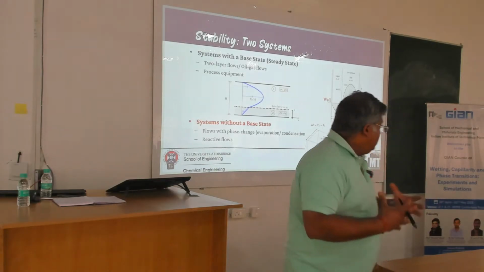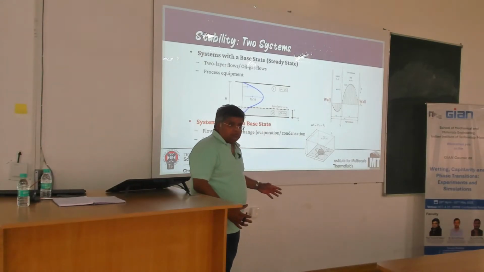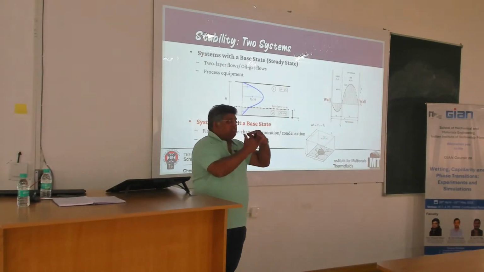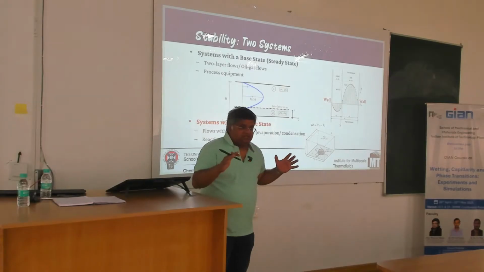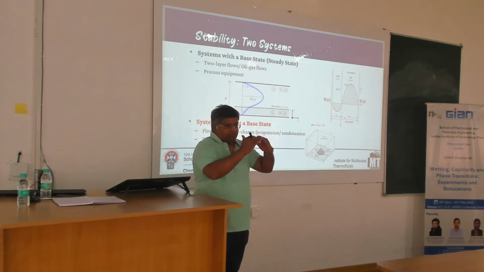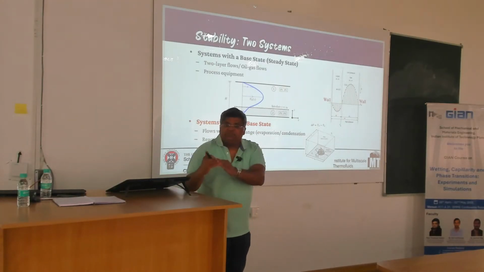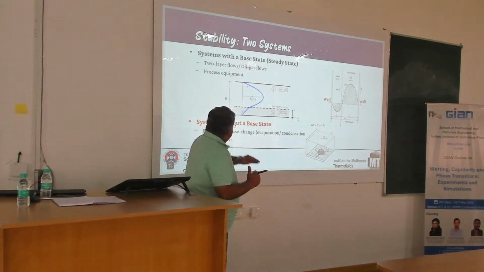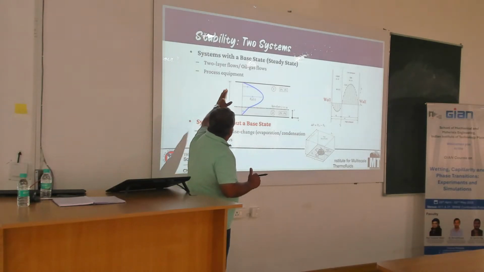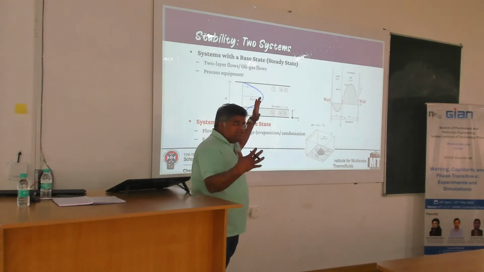So these are the flows where your system has no base state. You can start, you have an initial state, but that's not the base state. You have an initial state that remains for a few seconds, that remains for an instant of time, and then it keeps changing. Okay? So typically when we have a base state, doing a stability analysis is easy.